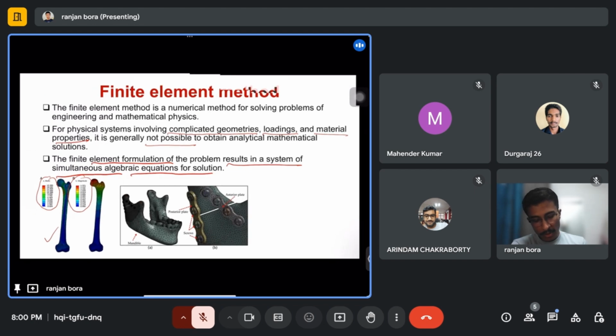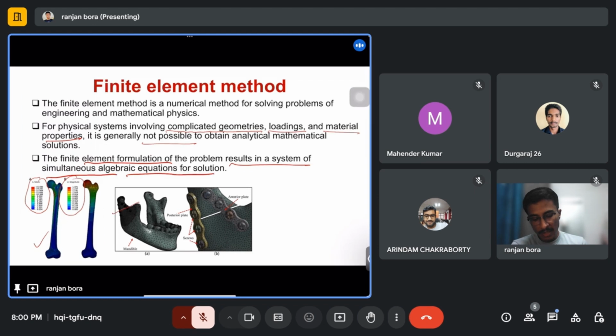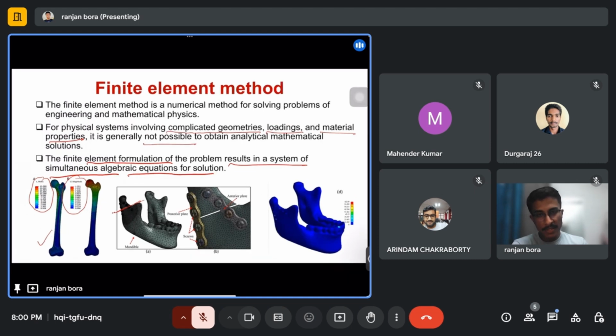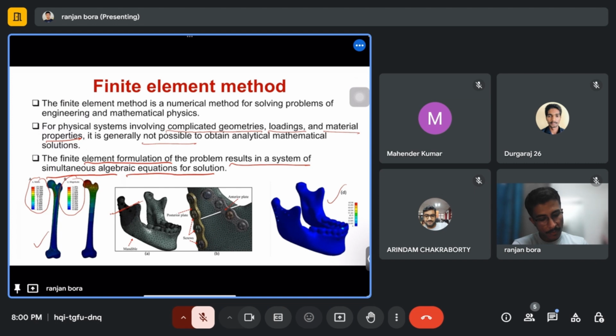In the mandible, if there is any fracture and surgeons use some plates, then they perform finite element analysis to study the stress distributions, the effect of these plates on the mandible. So for those analyses we use the finite element method.